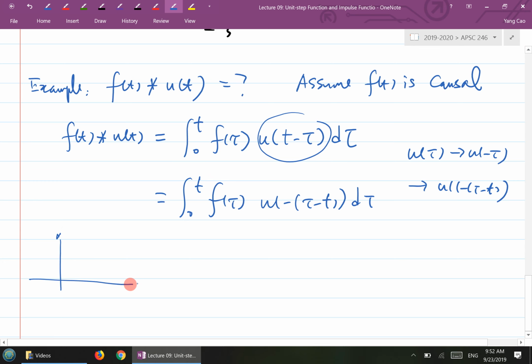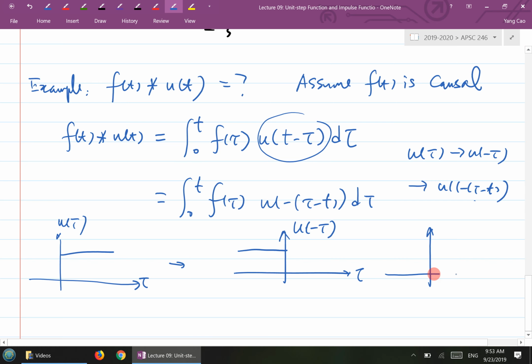So first, what's u of tau? u of tau is this. Right, this u of tau. And what will be u of negative tau? Right. Okay. Then what will be the last one? u of negative tau minus t.